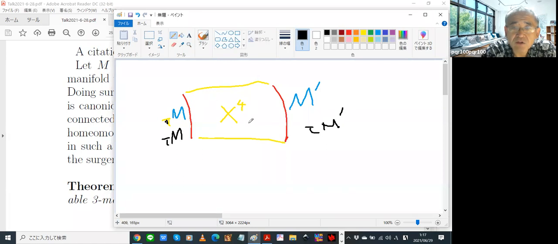If there is a good 4-manifold, do you know a relation between the quantum invariants of both in this situation? Are there good relations between the quantum invariant of M and M prime? Yeah, we have to think about it.